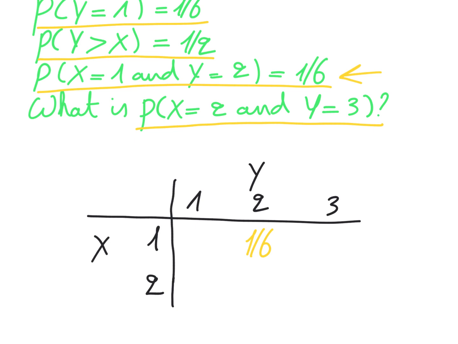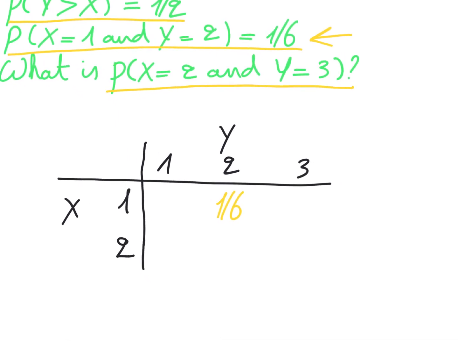We will also need the marginal probability mass functions of x and y. In this diagram, I'm going to put them at the bottom and on the right. So here on the bottom, we will put the marginal probability mass function of y, and here on the right, the marginal probability mass function of x. So far, there's only one value that we know.